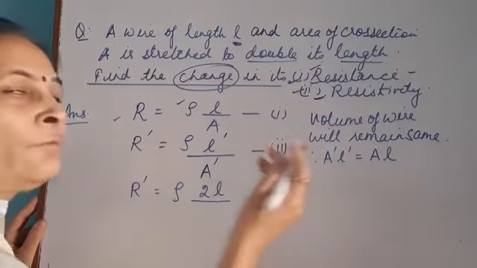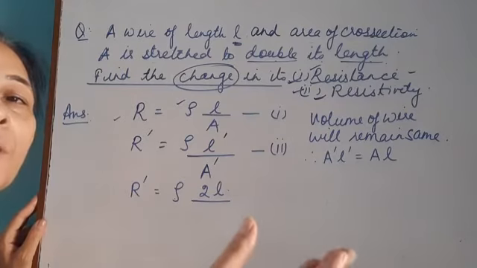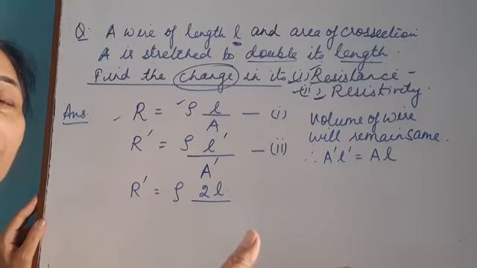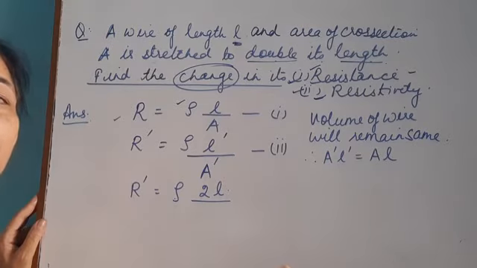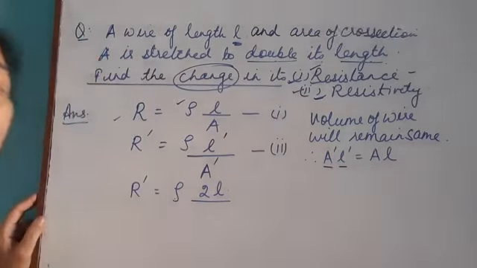What is the volume? The wire is in the form of a cylinder. What is the formula for the volume of a cylinder? πr²h. What is πr²? It is the area of cross section of the cylinder. So area multiplied by the length is going to give me the volume.